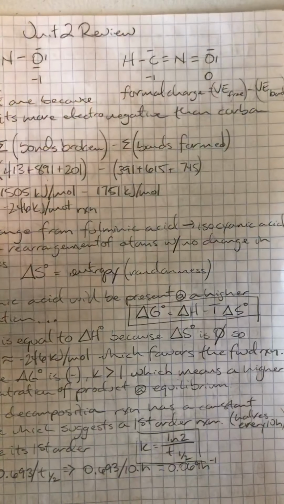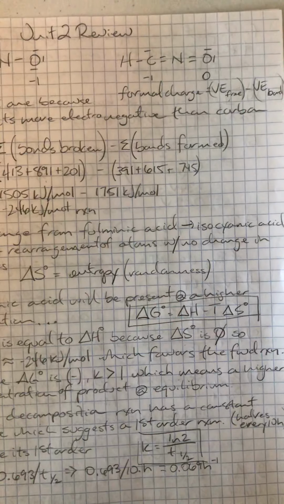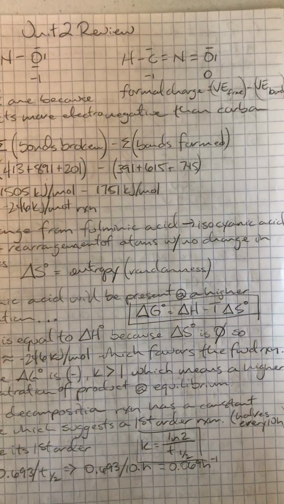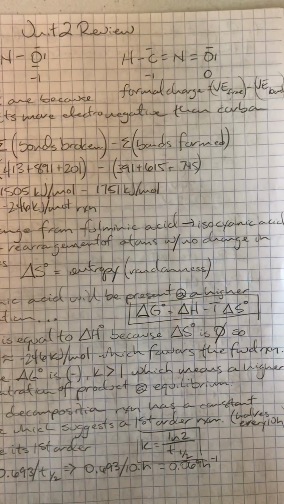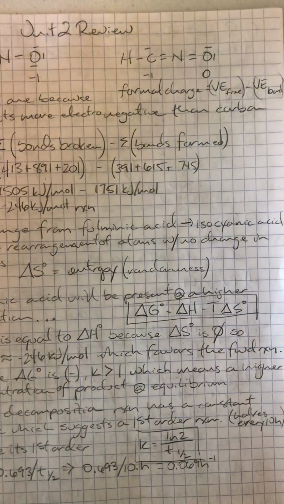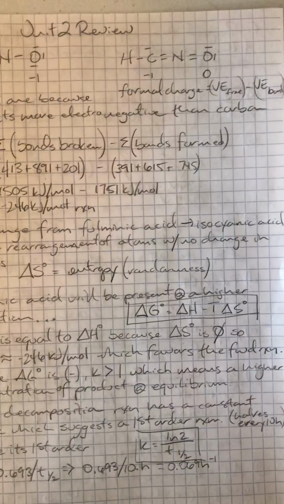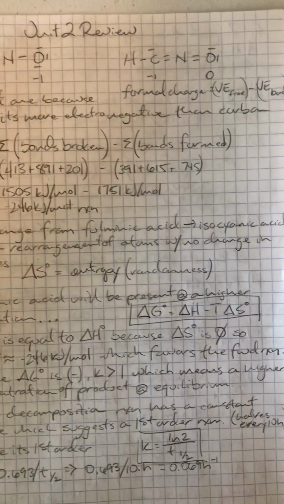And so delta G is approximately -246 kilojoules per mole, which favors the forward reaction. And since delta G is negative, K is greater than 1, which means there will be a higher concentration of the product at equilibrium.